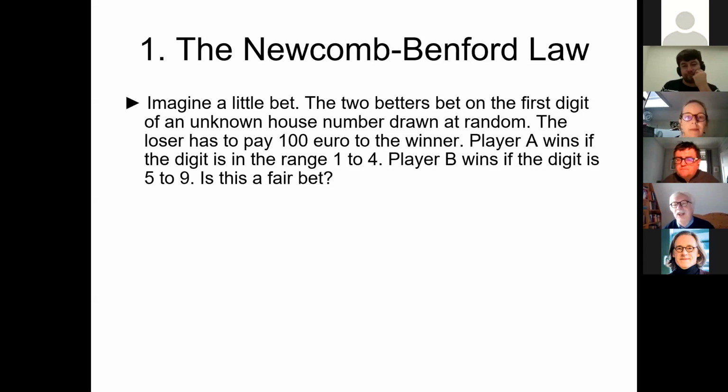I will win if the digit is in the range 1 to 4, and Jerome will win if the digit is in the range 5 to 9. So it seems it's a good chance for Jerome and a worse chance for me, because 5 to 9 is one figure more, but it is not a fair bet, because these numbers are not distributed evenly.